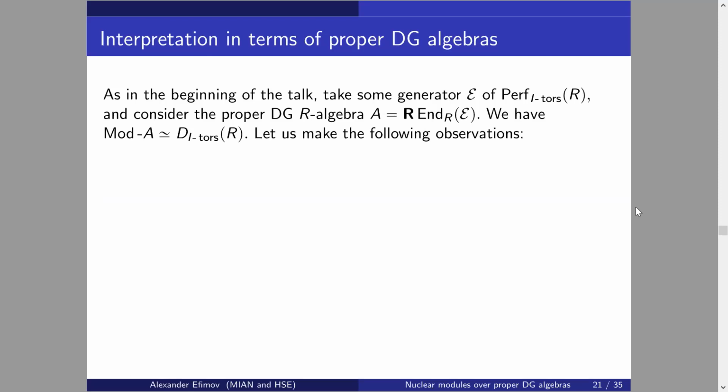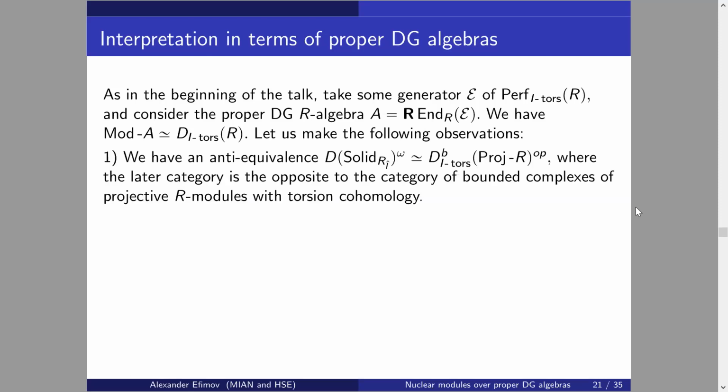And one can make the following observations. First, when we take compact objects in this derived category of solid modules, one can show that this is simply the opposite category to the category of bounded complexes of projective R-modules with I-torsion homology.